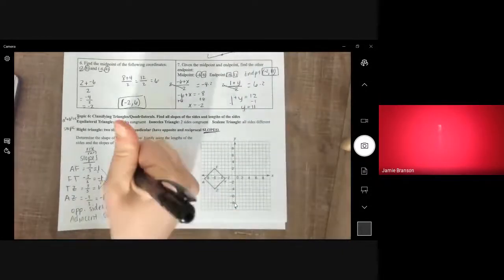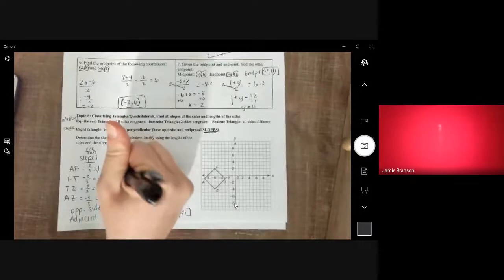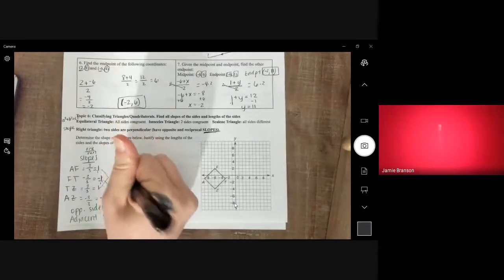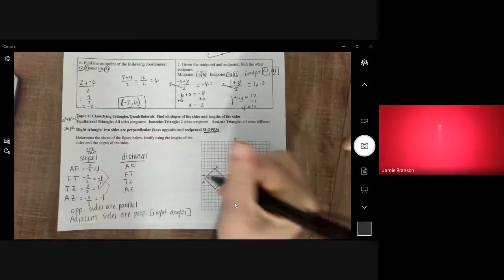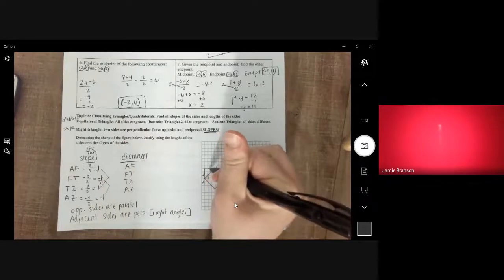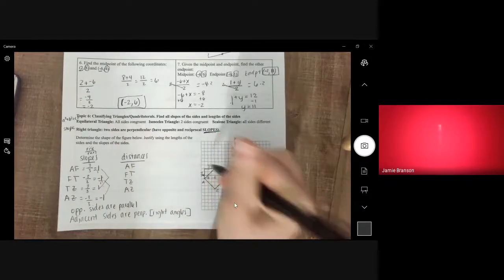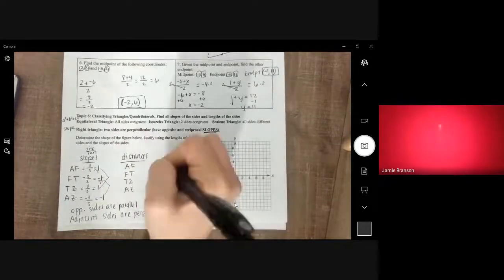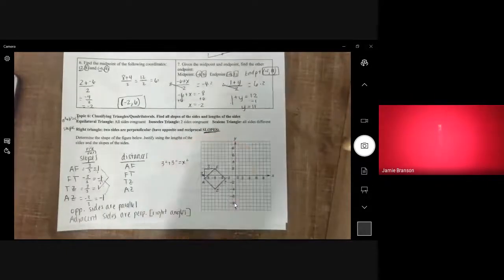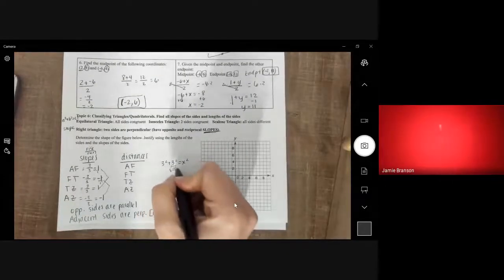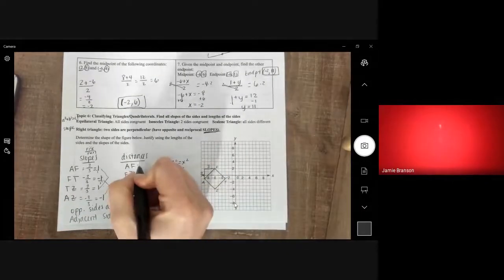Okay, so for the distances, that's where you use Pythagorean theorem. And this is the same one we did on the other side. So make your little right triangle, 3 and 3. So 3 squared plus 3 squared equals x squared. So 9 plus 9 is 18, which gives you 4.2.